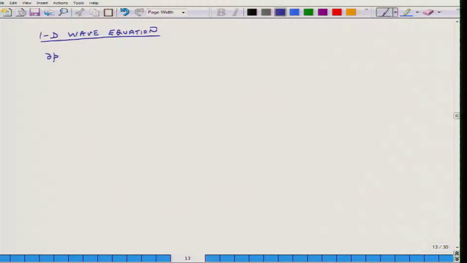Let us first write down all the three equations which we have developed. This is the first equation, the momentum equation: partial of p with respect to x equals minus rho naught partial of u with respect to time.